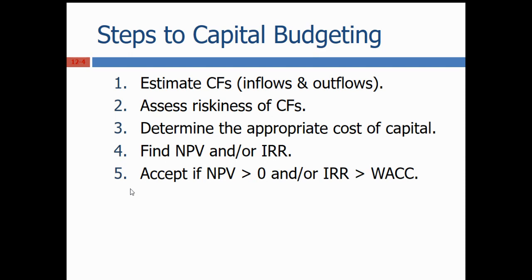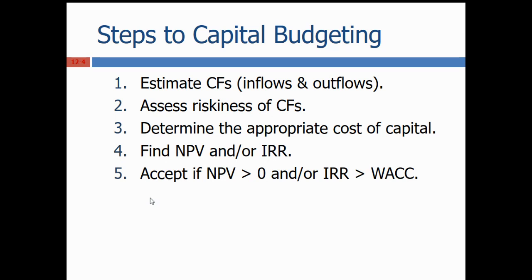How risky is the cash flow? If it's risky, then you might need to determine the appropriate cost of capital. Once you know the appropriate cost of capital, then you will calculate your NPV or IRR. So what is the rule?